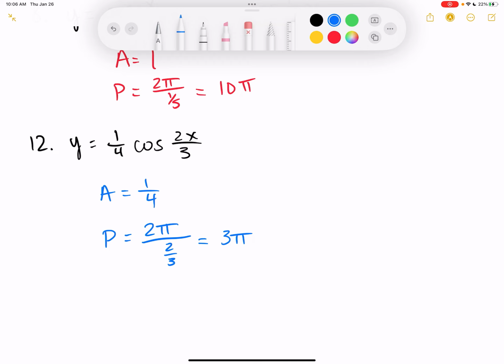All right, the next ones, the instructions are very confusing. They say find the amplitude, period, and frequency of the function. Okay, that part's not hard. And then it says use this information, not your calculator, to sketch a graph of the function in the window -3 pi to 3 pi by -4 to 4. All I want you to do for numbers 13 through 16 is to tell me the amplitude, period, and frequency.